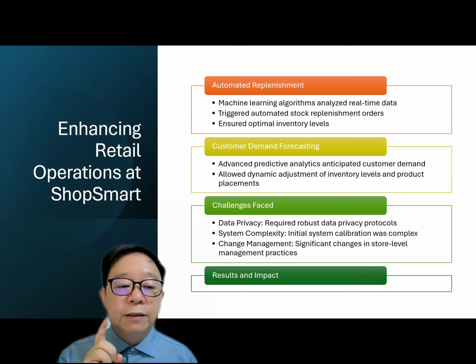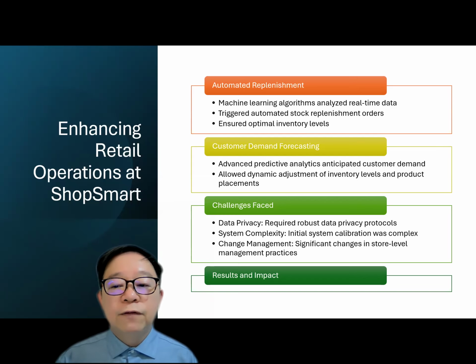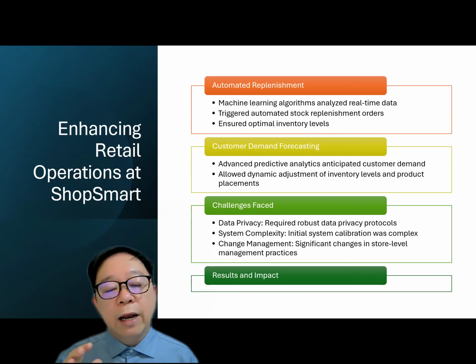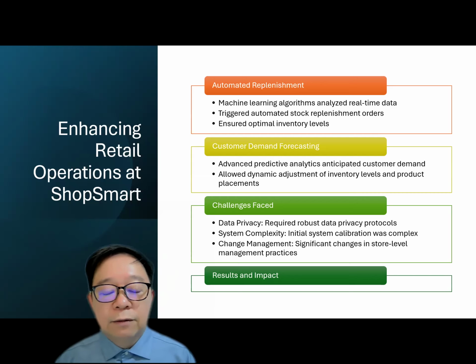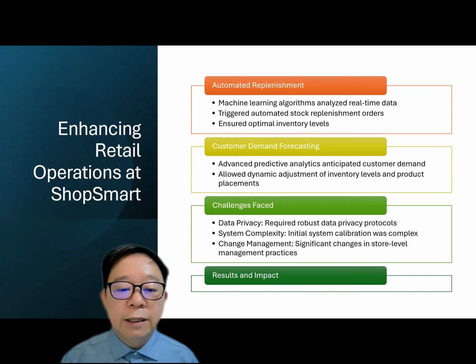For the first time, we can achieve this in the retail industry. We are able to do dynamic adjustment of the inventory level and production. Dynamic, right? It's not like a monthly forecast of what the stock is for next month. We don't do that. It's real time, per second, right? Wow, that is amazing, exciting.